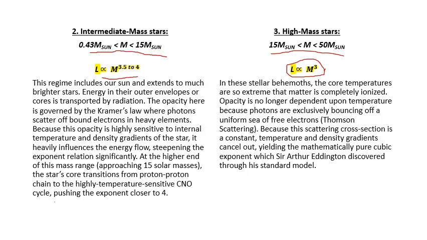Opacity is no longer dependent here upon temperature, because photons are exclusively bouncing off due to Thomson scattering, and the entire core is completely ionized and its temperatures are very extreme. So Arthur Eddington basically discovered this model, and this is what he gave as the mass luminosity relation when he discovered it.